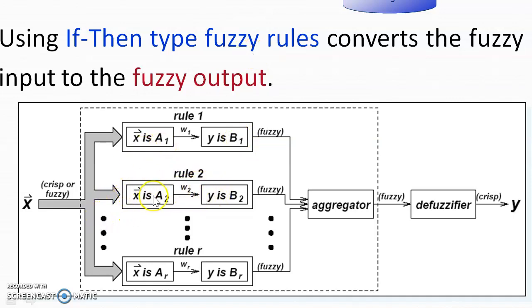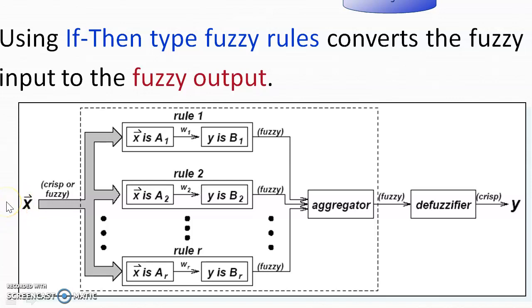Similarly, there is rule 2: if x is a2, then y is b2. There is also rule R, likewise: if x is AR, then y is BR. So what we get is R number of fuzzy outputs. But we require only one output, right? Because we have only one crisp input.